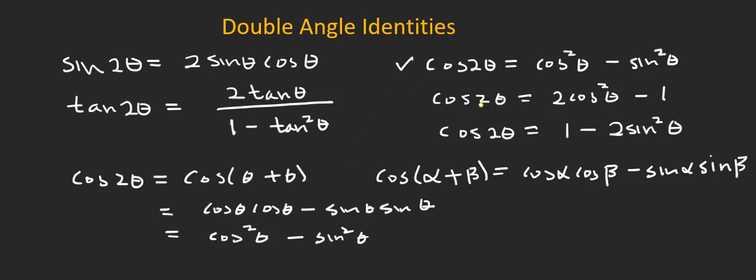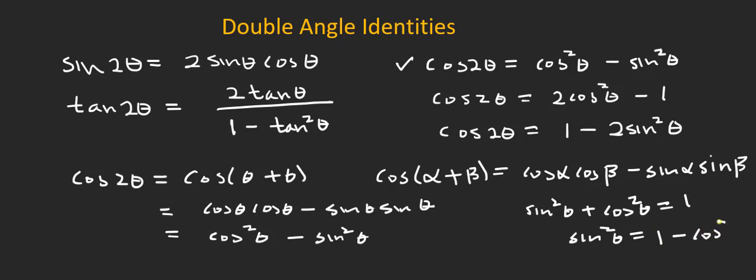Now what about the other two? Well, do you remember the Pythagorean identity? Sine squared theta plus cosine squared theta is 1. So what is sine squared theta? That equals 1 minus cosine squared theta.